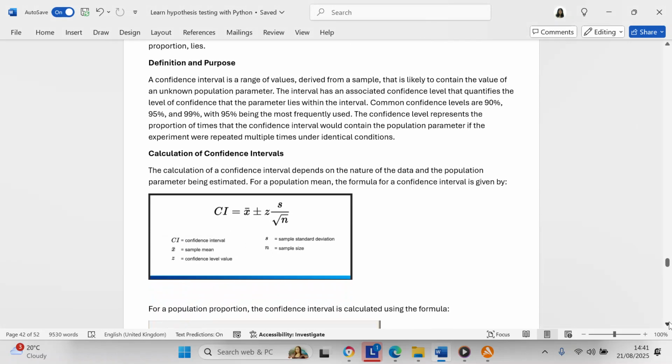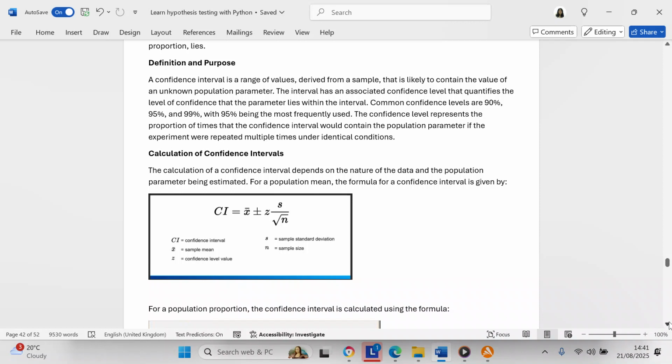A confidence interval is a range of values derived from a sample that is likely to contain the value of an unknown population parameter. The interval has an associated confidence level that quantifies the level of confidence that the parameter lies within the interval.